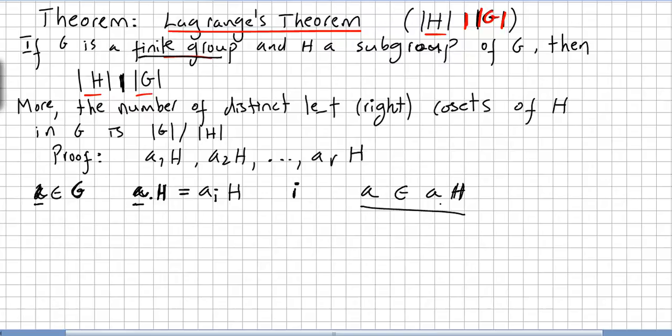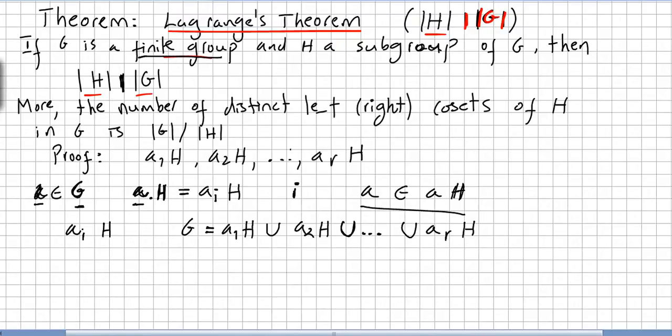Okay. So, for each member of G, any member of G will belong to one of the cosets AIH, right? So G is going to be A1H union A2H union, till the last one, ARH.